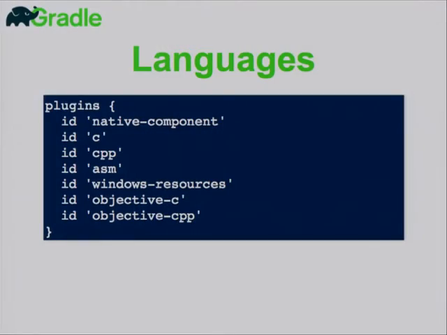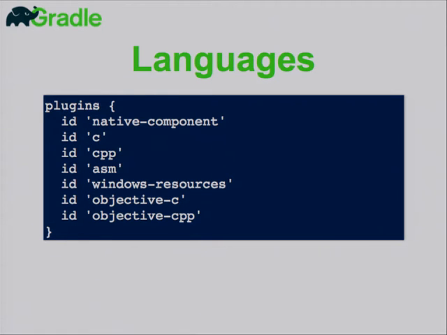One of the things we wanted to be able to do in the native domain is make it really easy to add support for new languages. I showed the list before across the top of the screen. Now this is the list of language plugins we have. IDL actually is not there. But the idea is that each of these plugins adds two different things.